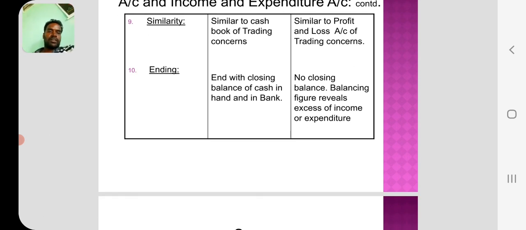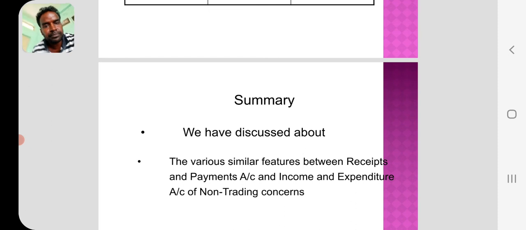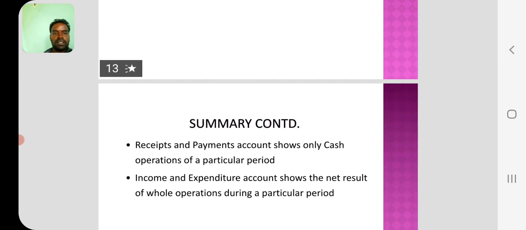Receipts and payments ends with the closing balance of cash and bank, whereas income and expenditure ends with the excess of income or expenditure, whatever the figure may be. We have discussed the various differences between receipts and payments and income and expenditure account of non-trading concerns.